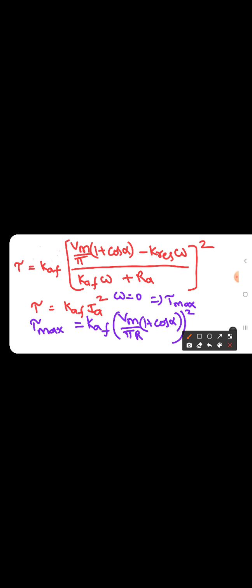When alpha is equal to 90 degrees, it is Vm by pi R whole square into KAF. And when alpha is equal to 180, the maximum torque is 0. Here you can observe that there is no possibility to run the motor in the reverse direction when it is operated with a semi converter or half controlled converter.